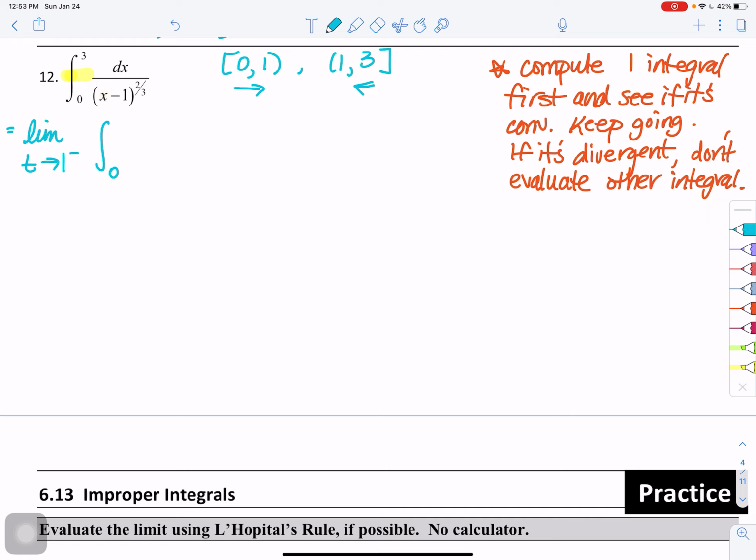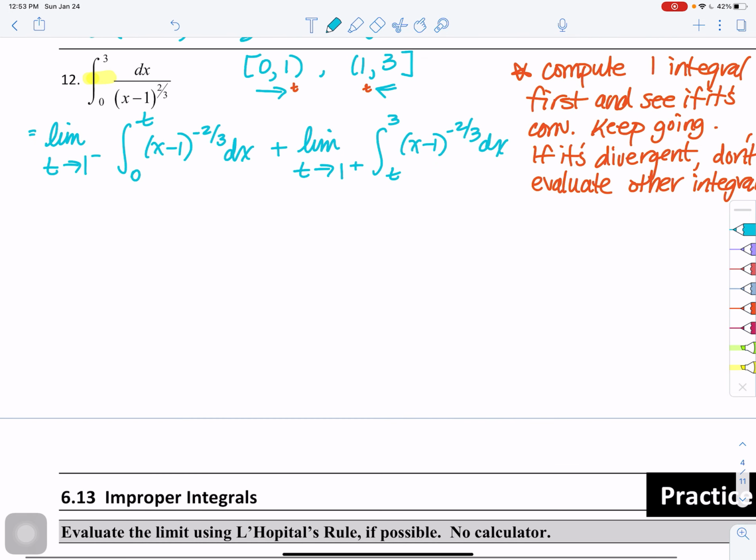And you can go ahead and use an s if you want, or a q if you don't want to use t twice in the same problem. It's okay if you do. And let's keep going. So this is x minus 1 to the negative 2/3 power dx plus the limit as t approaches 1 coming from the right this time. And this is the integral from t to 3 of x minus 1 to the negative 2/3 dx.